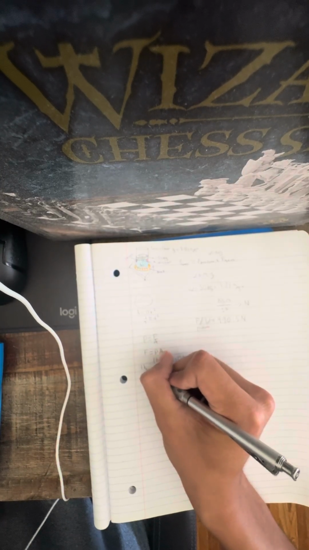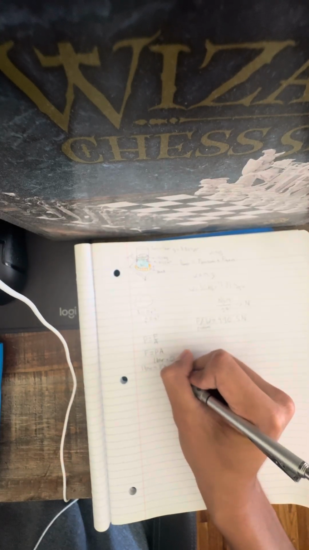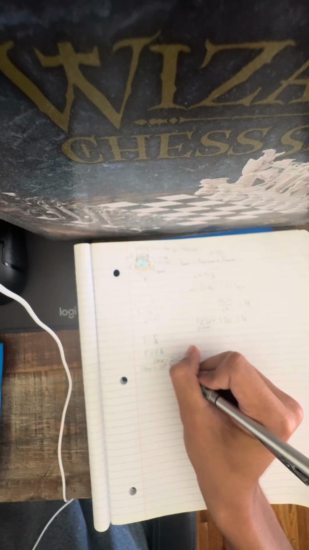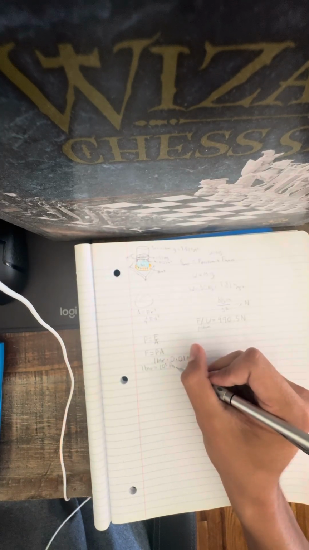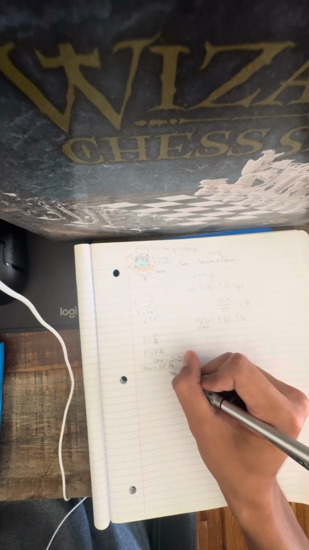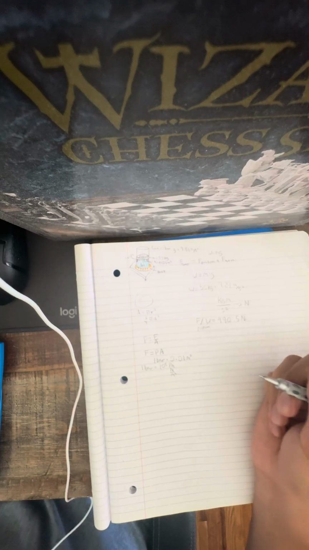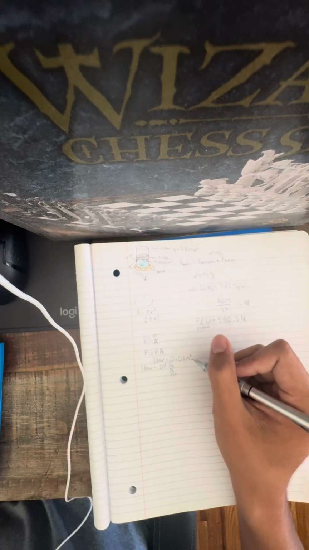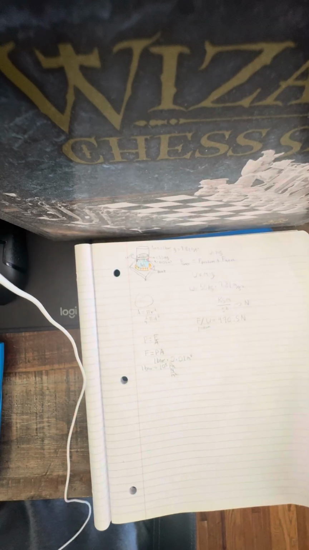So we know that 1 bar is equal to 10 to the 5 Pascal. And Pascal's units are Newton over meter squared, which would perfectly cancel this meter squared to give us our Newton of force, which is perfect.